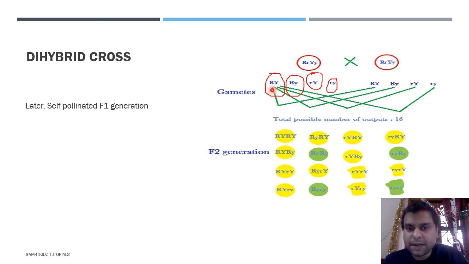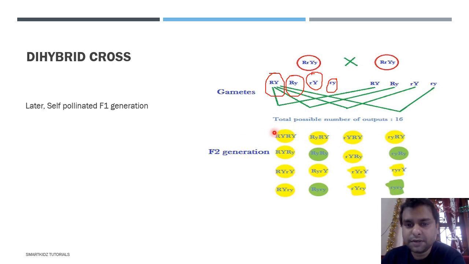Then we combine capital R, capital Y with small r and small y, and what we get as a result is capital R, capital Y, small r, small y. So it's going this way.